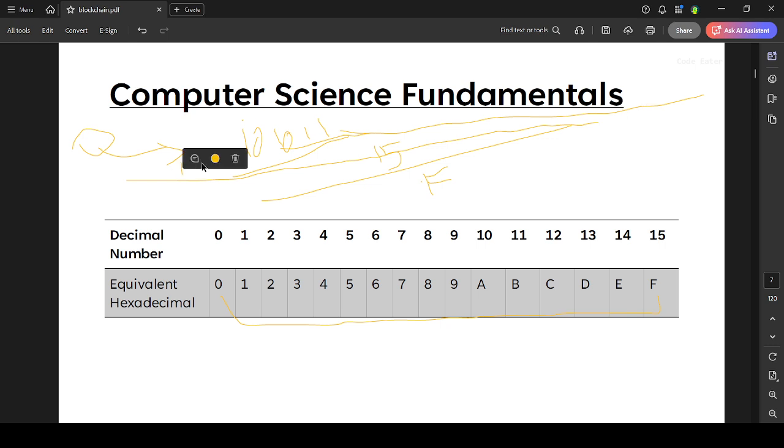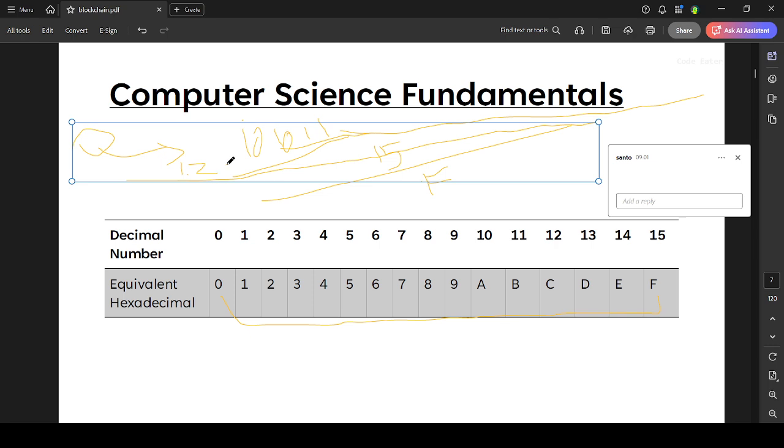Let's suppose this is 5 5 5 1 3 7 9 1 2. So 15 you can denote with f, 1 for 1, 7 for 7, 9 for 9, 12 you can denote with c, and 15 again with f. So that is the use of hexadecimal numbers.